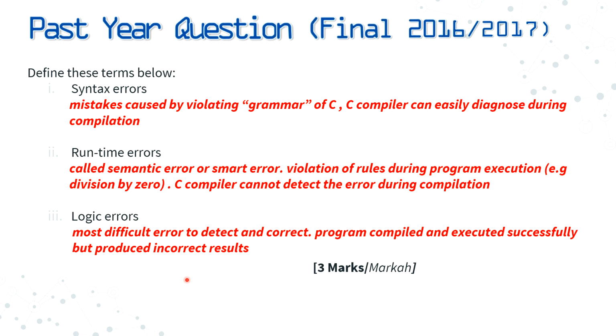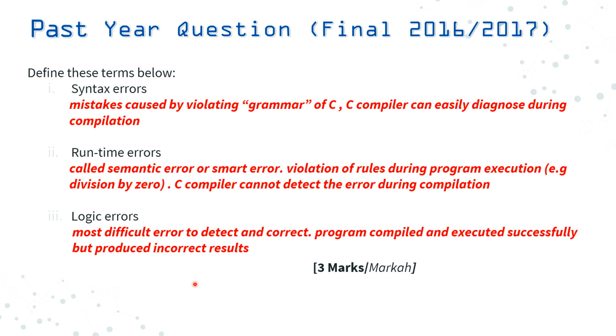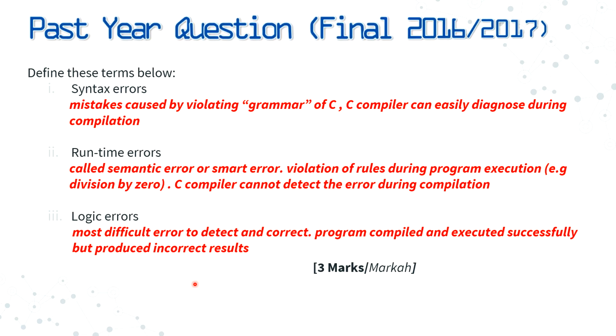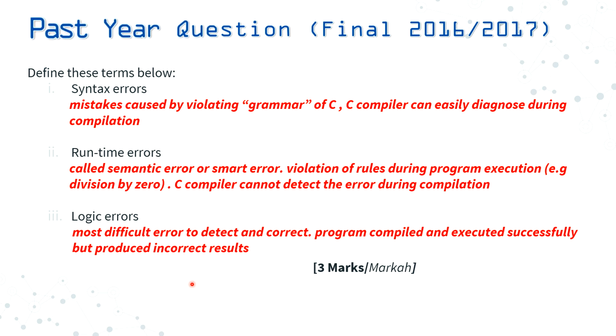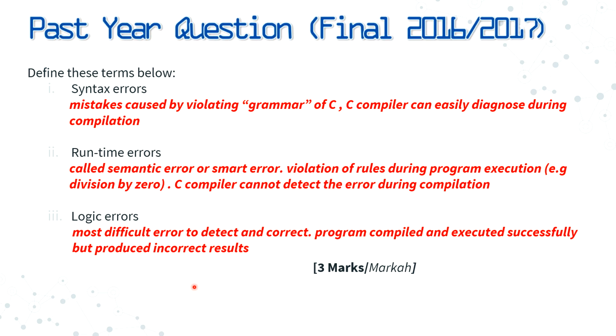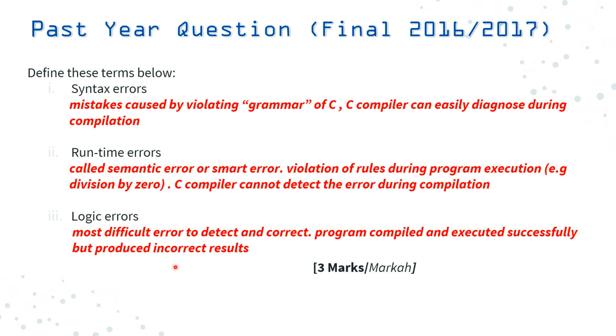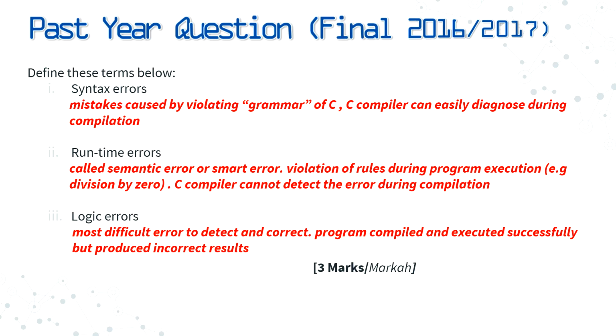Which is why, from the previous lecture, it is important that when you are given a task or question, you need to plan what you are going to do first through algorithm, which are pseudocode and flowchart. That is the right way and best practice.